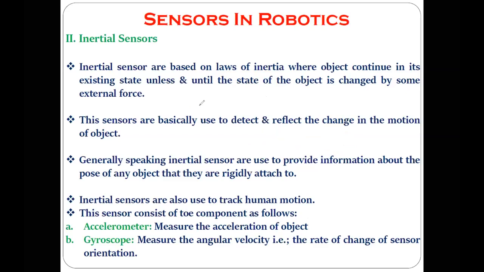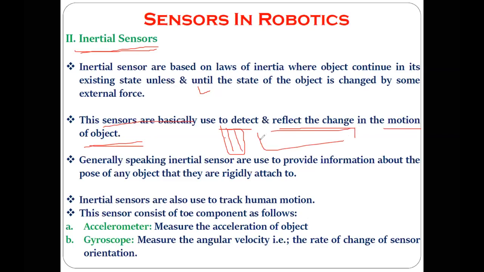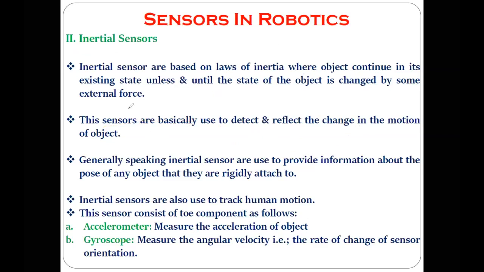When you utilize the GPS, there is a utilization of the inertial sensor in our mobile, because from this example we can conclude these sensors are basically used to detect and reflect the change in the motion of the object. When your mobile is in this vertical way and you change it this way, there is a change in the motion of the object, and that change is detected with the help of which sensors? Inertial sensors. Getting the point?